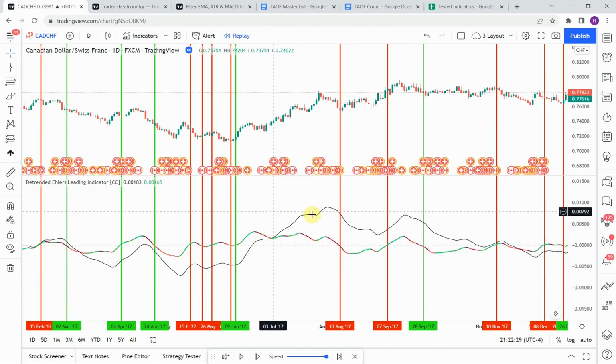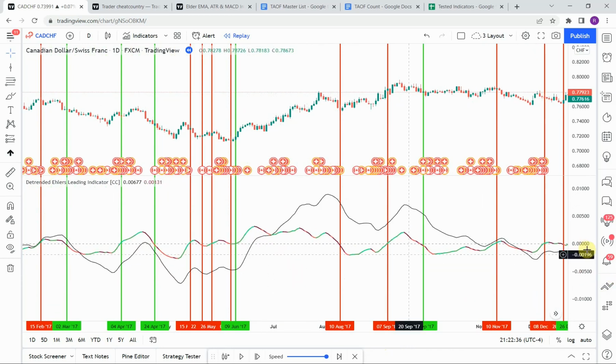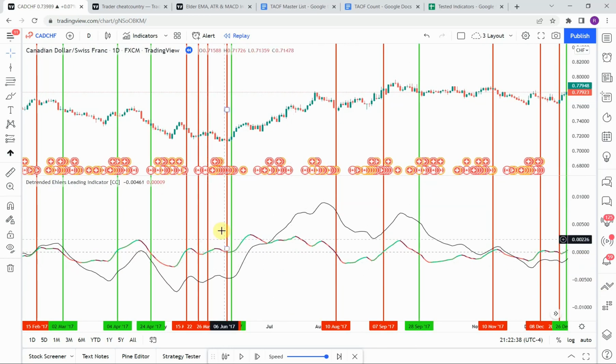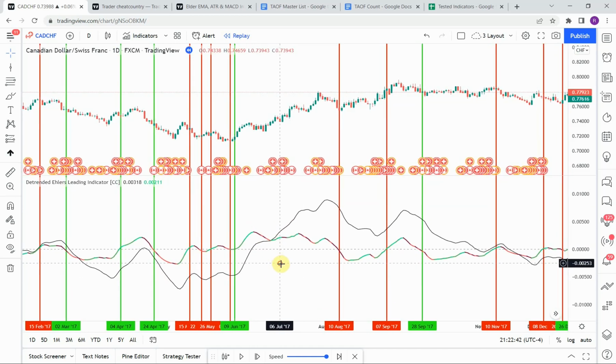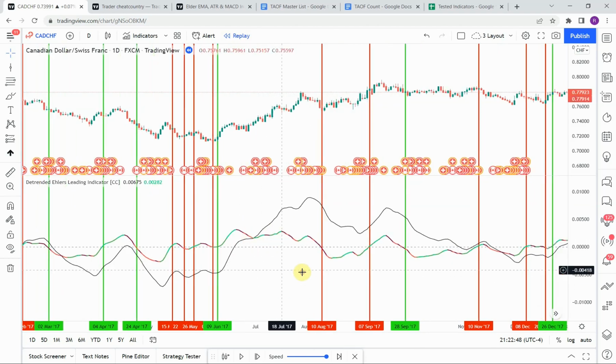I believe this is the cross. Said look for the cross for the entry. I believe this is the line that he was referring to, and so I think what we might do is go ahead and test it in the next video using this line here.